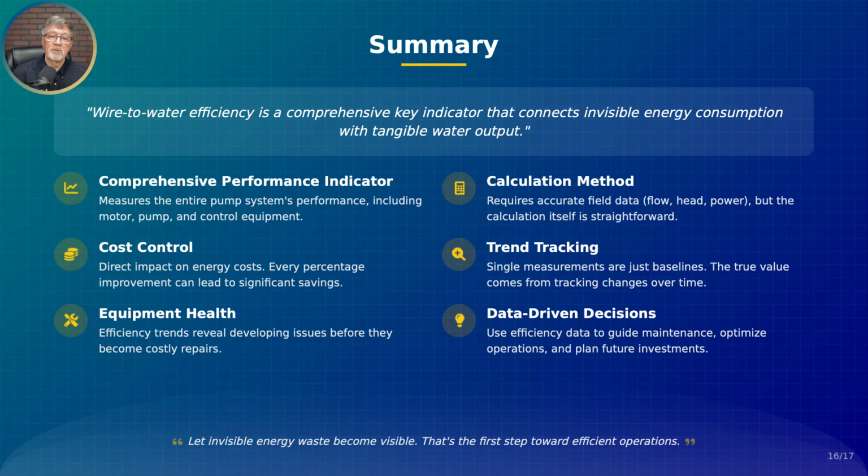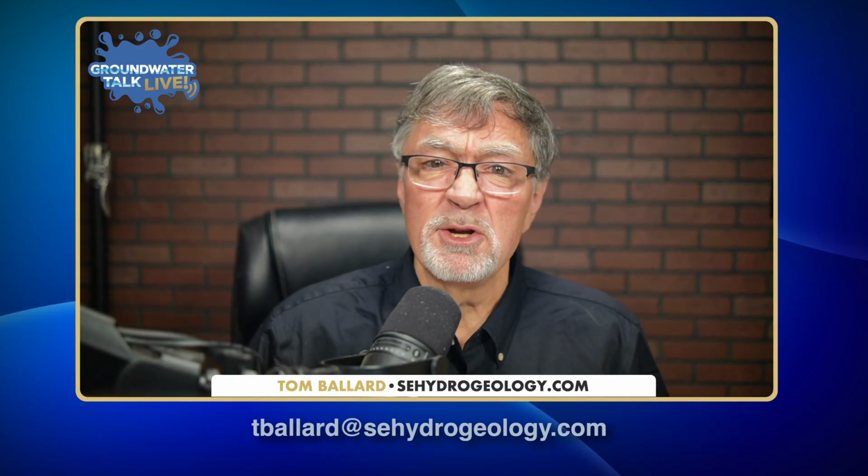The true value comes from tracking changes over time. That helps us in our decision making. And once again, we're doing data driven decisions. This is part of our data driven water utility, and we're making decisions based on actual data to guide and optimize our operations and plan our future investments. All right. That is our wire to water efficiency calculation.